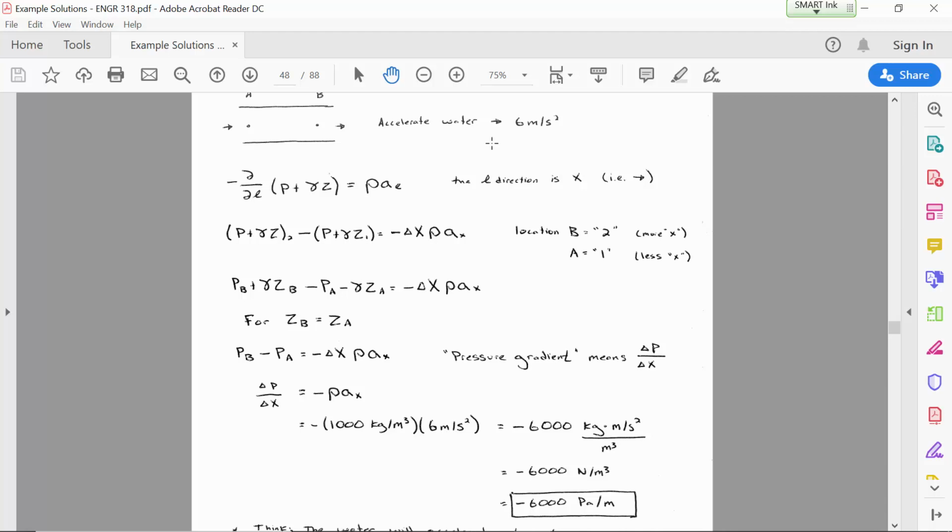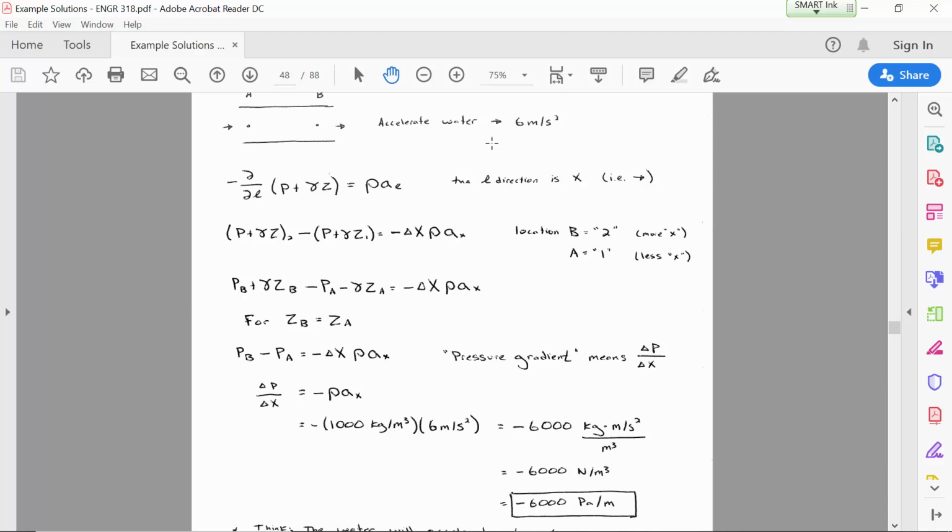So does it make sense that if we have a pipe and the water is accelerating from left to right, we have high pressure on the left and low pressure on the right? I mean, that's what's driving the fluid to accelerate from the left to the right, is just that there is more pressure on the left, and that's kind of the driving force that's causing the acceleration.